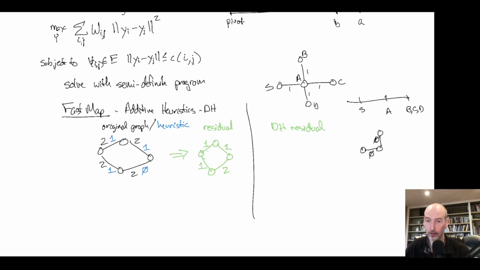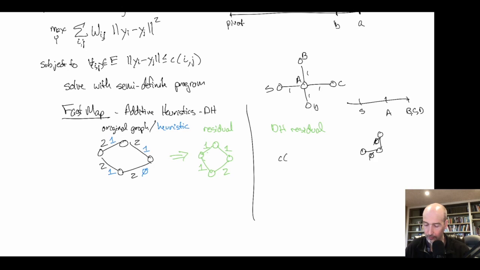Just to be clear, what we're writing down is the cost from U to V minus the heuristic of U to V, and that's going to be 0. When I go from A to C, the difference is 0, and from A to D, the residual is 0 there.